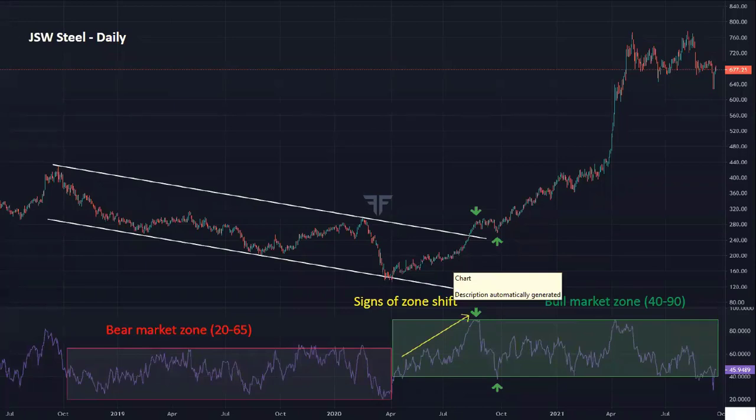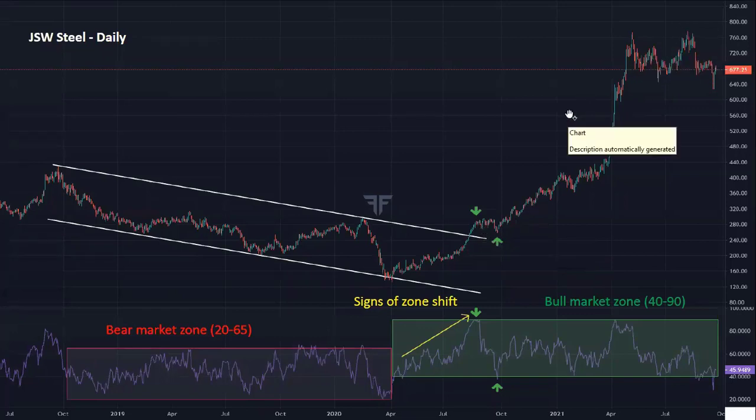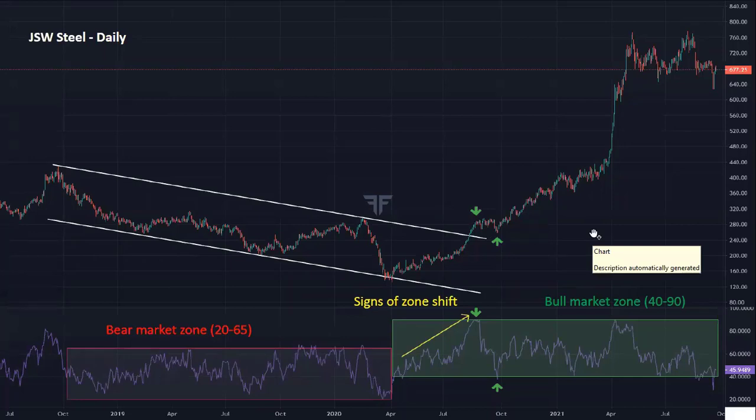Nonetheless, whenever zone shifts occur, the unfolding move going forward tends to be very powerful, as you can see in the case of this chart. Once there was a zone shift, the stock of JSW Steel entered a prolonged uptrend. So although the buy signal is being generated pretty late over here, the unfolding move, as you can see, has been very powerful.